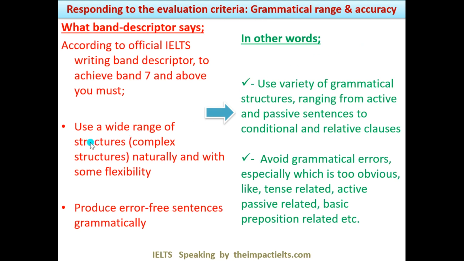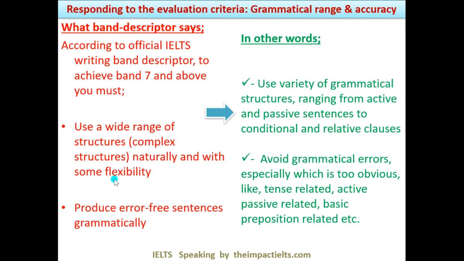Okay, so the first one is saying use a wide range of structures, complex structures. Do you know what a complex structure is in English grammar? If you don't know, we are going to discuss that, but simply you can understand it as longer sentences connected with linkers or connectors, right? And that should be natural. It should not look awkward, right?